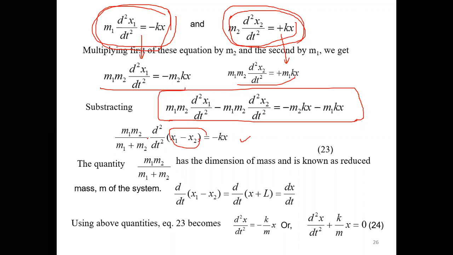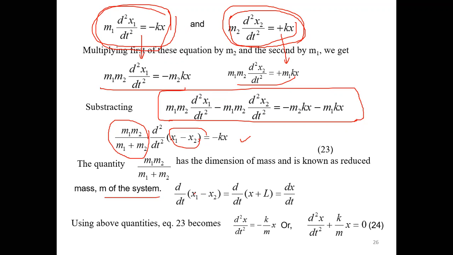Now, we express this by a mass m. Actually, m1 m2 divided by m1 plus m2 has the dimension of mass, because this will be m1 m2, mass square, divided by mass. So it will have the dimension of mass. And this quantity m1 m2 by m1 plus m2 is called the reduced mass of the system.